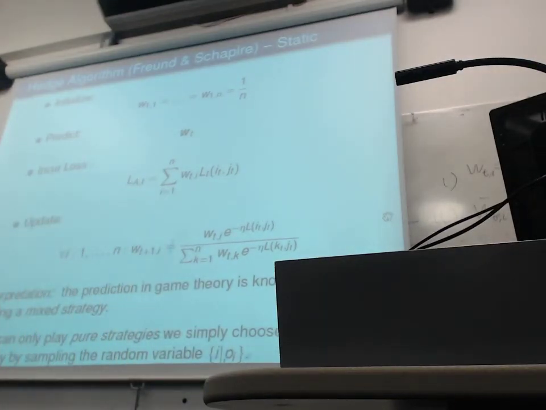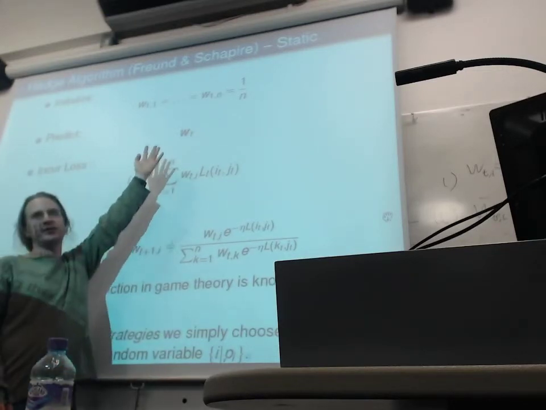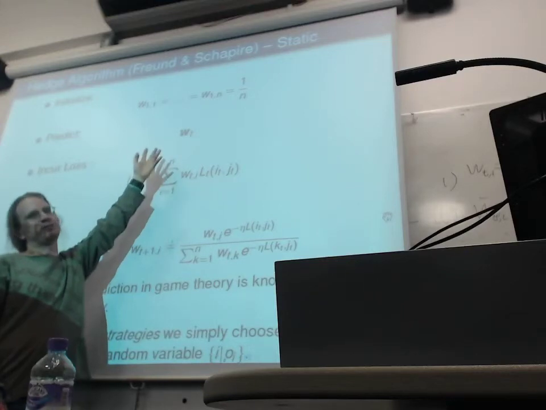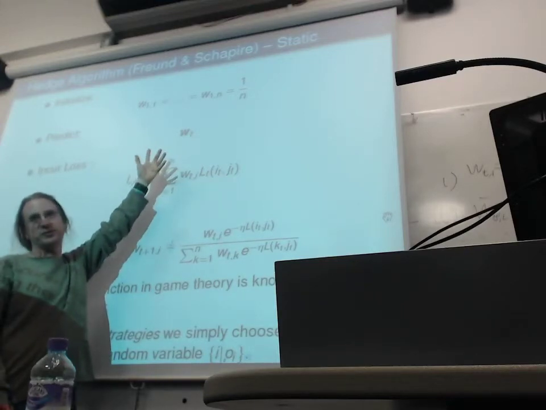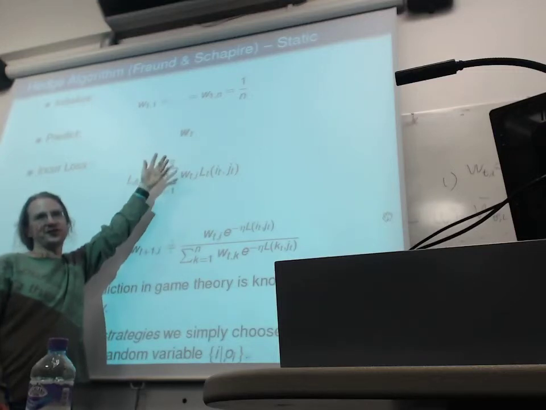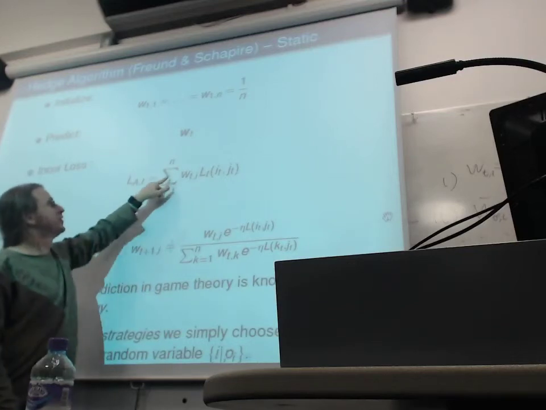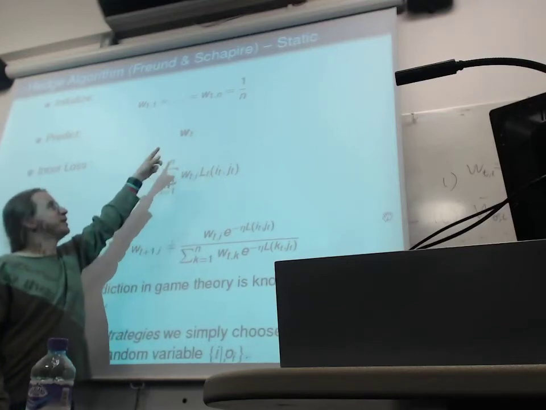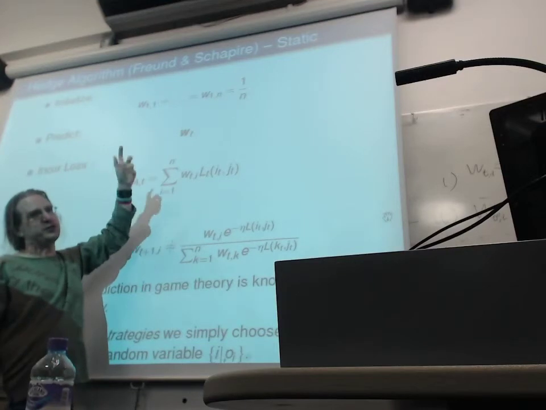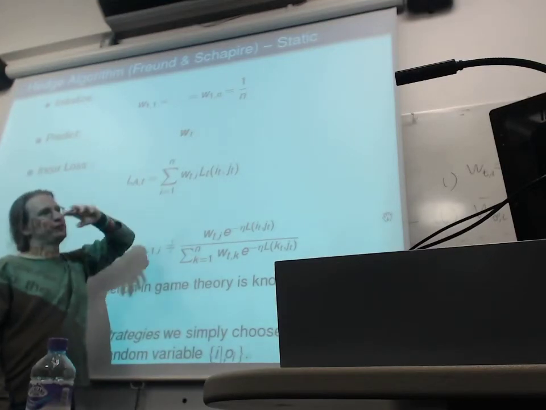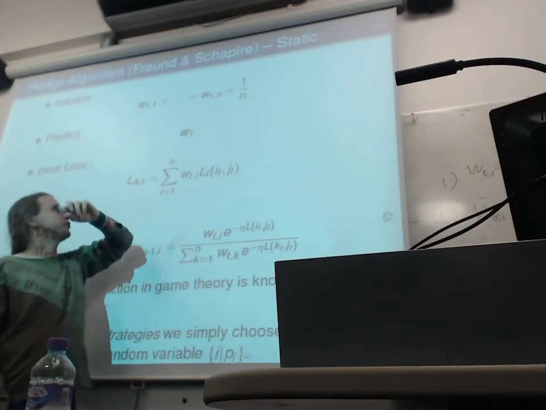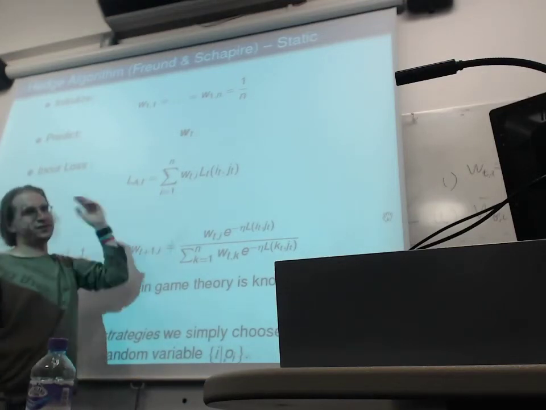And then the loss that we incur, imagine we're playing a game. So it's just like when you play Prisoner's Dilemma, rather than saying cooperate or defect, you put a probability vector. You say I play cooperate with 80%, defect with 20%, for instance. And then either you measure your loss as a mixture loss depending upon what the opponent does, you compute that mixture, or you simply imagine that if you play cooperate or defect with 80%, 20%, you draw a random number sampling from 80 to 20%, and you experience expected loss of that.